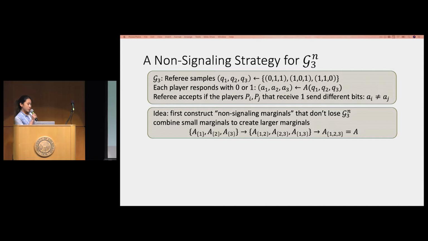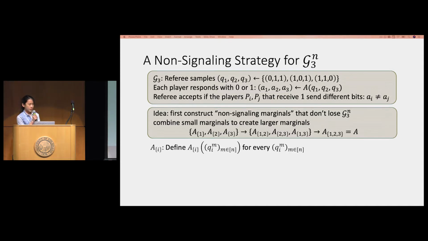And what we're going to do is iteratively combine our small marginals to create larger marginals. We're going to start by defining size 1 marginals, A1, A2, and A3, and these will just be the answer of a single player when he receives just his query. We're going to use the size 1 marginals to construct size 2 marginals. And we're going to use the size 1 and size 2 marginals to construct the size 3 marginal, which will be our full non-signaling strategy.